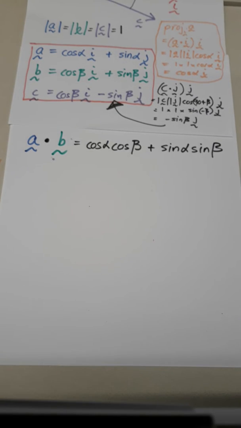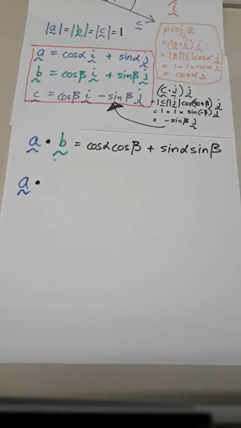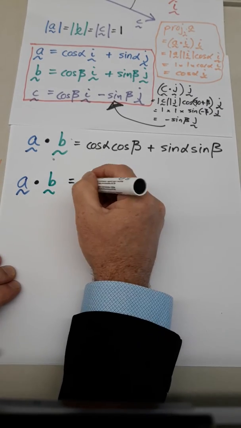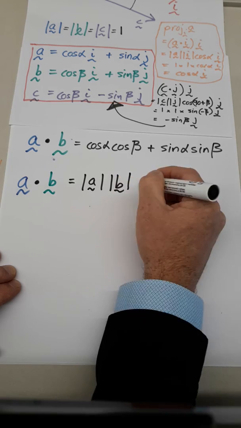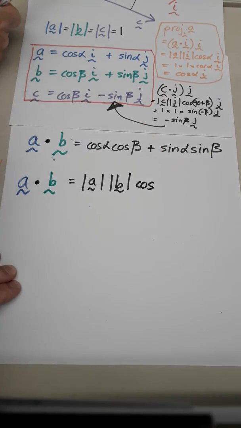That's one way of looking at A dot B. Another way of looking at A dot B is the size of A times the size of B times the cos of the angle between A and B.